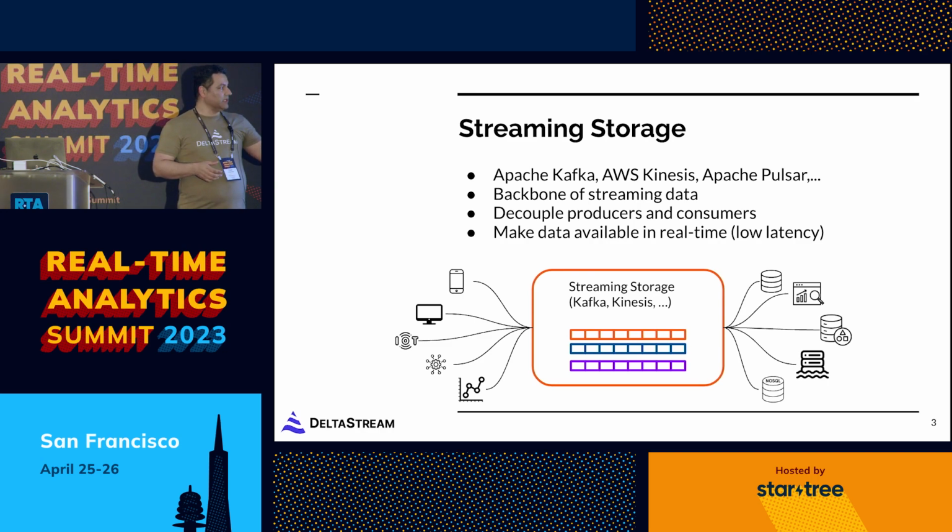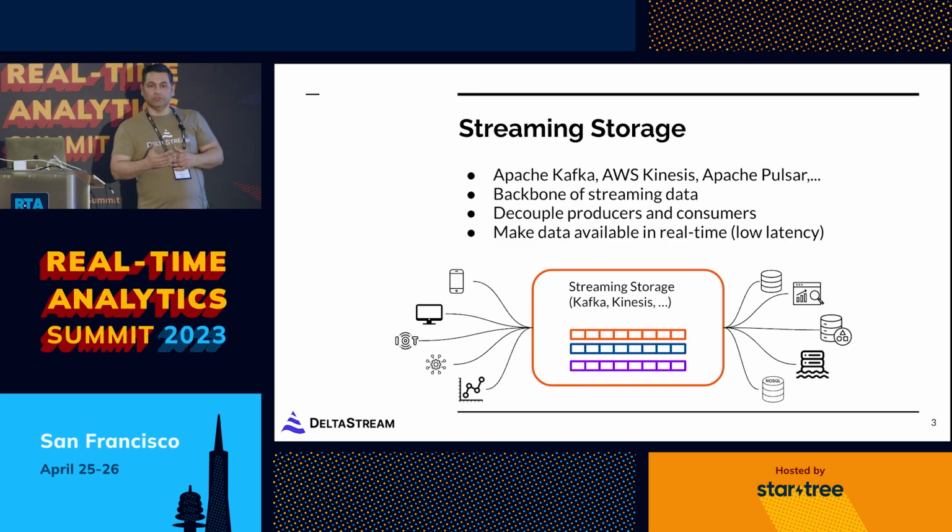For instance, if you have an application that's producing data to your streaming storage, you don't care about who's going to use this data. Anyone who wants to use this data just taps into that stream and continuously consumes it. And it's scalable. You can have 5, 10, or as many consumers as you want without having to change anything in your producer.